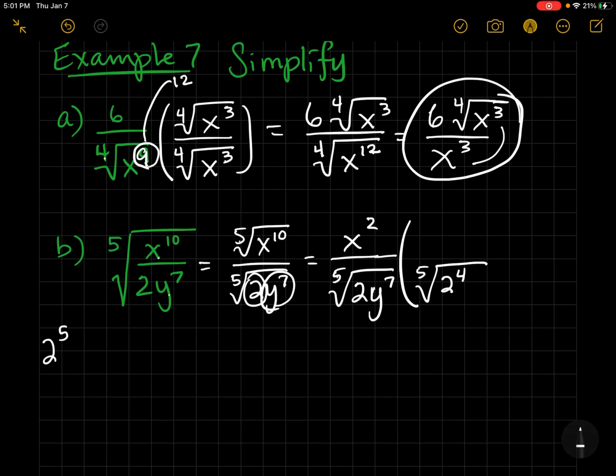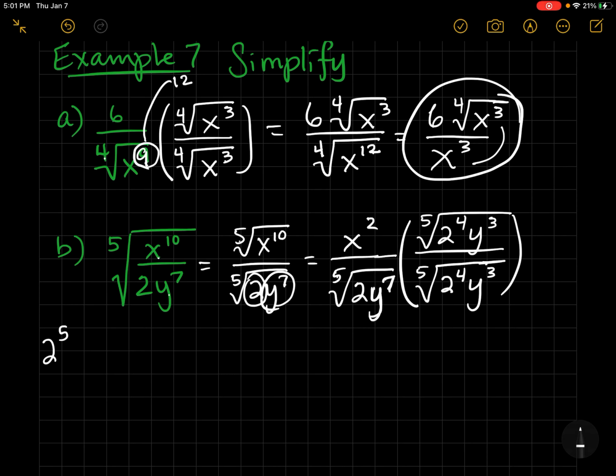And I need this y, that's the 7th power. I want to make that 7 turn into a 10. So that means I need 3 more. Let me make sure you understand why I chose those numbers to multiply top and bottom by.